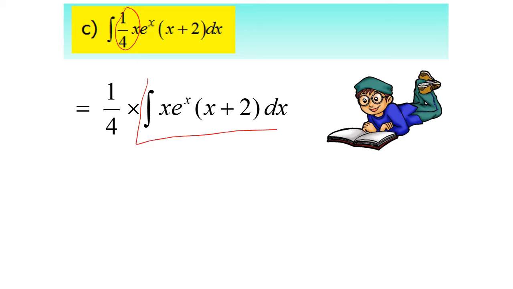So this is our previous question for part A. Next, the final answer should be 1 over 4 x squared e^x plus c. Don't forget to write plus c for every case.